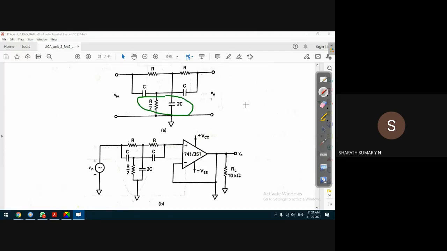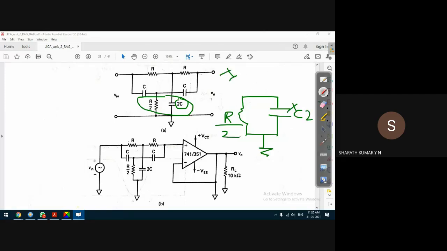So what happens when the resistor and capacitor are in parallel? We have a situation where we have a resistor and capacitor in a parallel network. In this case, the resistance of this is R by 2, and the capacitance of this is 2 times capacitance. Let us call it XC2, just to understand.